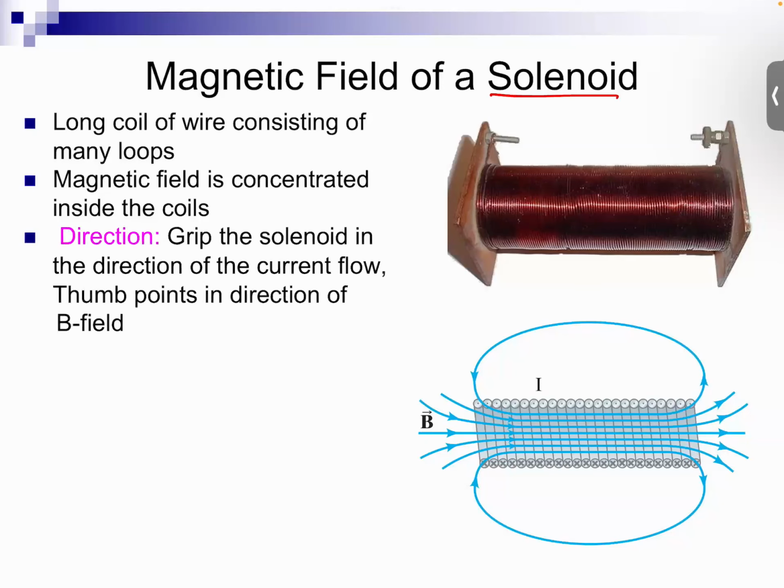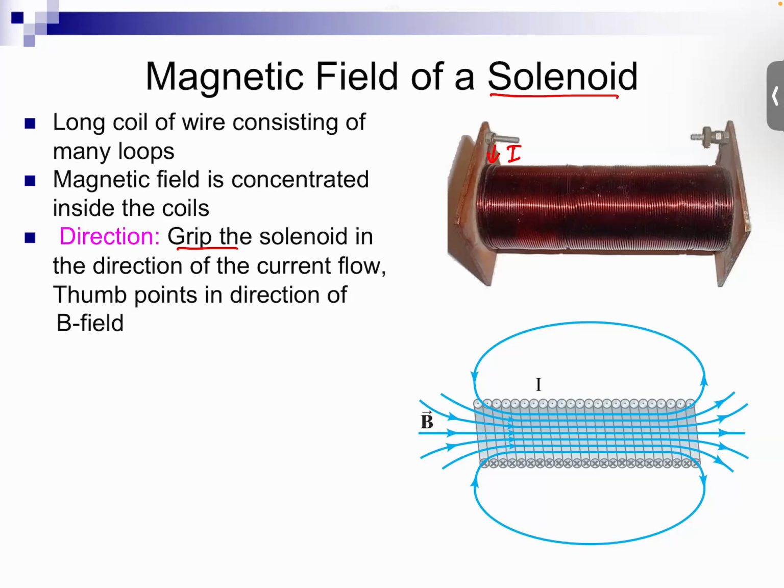To find the direction of the magnetic field created by a solenoid, you grip the solenoid in the direction of the current flow. So it's also the right-hand grip rule, except that your fingers will grip the solenoid. So say the current flows in this direction. You sort of have to determine in which direction the wires are coiled, and where the current enters the solenoid.